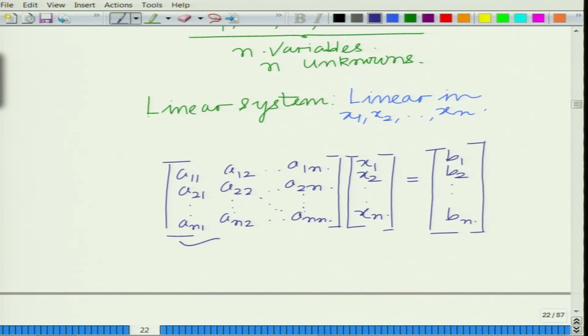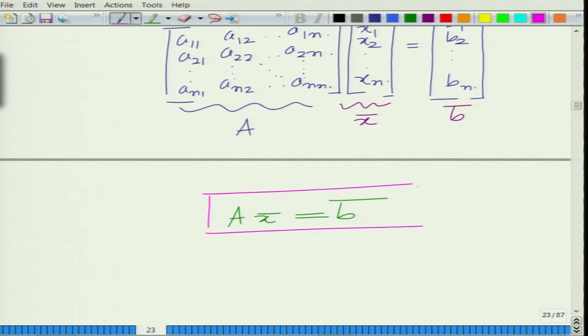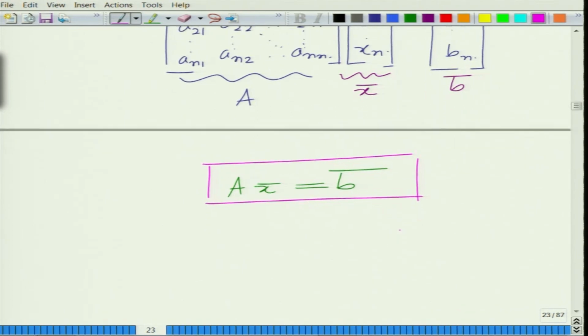You can call this your n cross n matrix A. This is your n dimensional vector x bar, this is your vector b bar. So, you can write this in the compact form, A x bar equal to b bar, that is your compact representation of the linear system of equations.